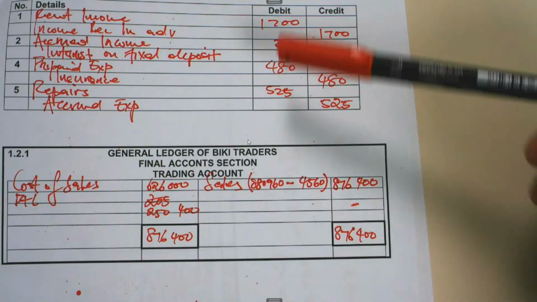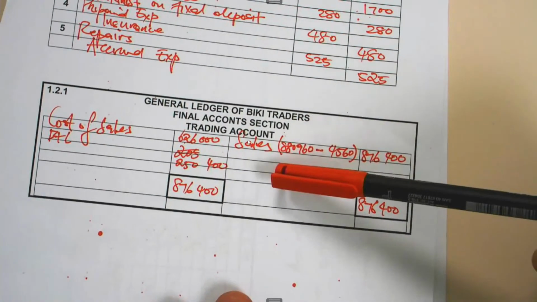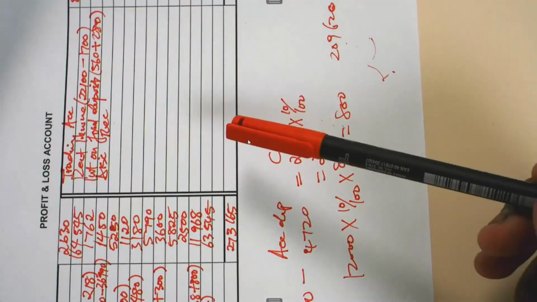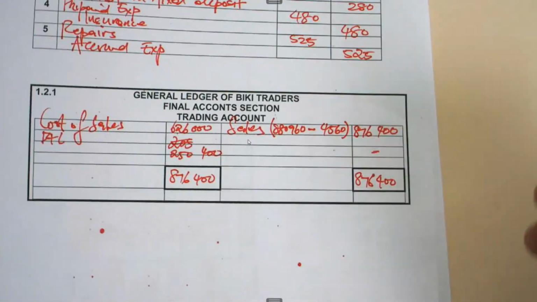We did the general journal, and then we did the two final accounts, being a trading account as well as a profit and loss account. Now, with the 5 minutes that are remaining, I think we can also do a few questions from question 2. I have question 2 here.